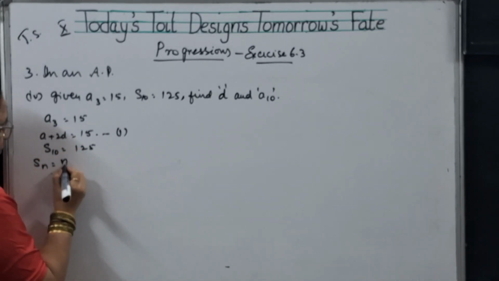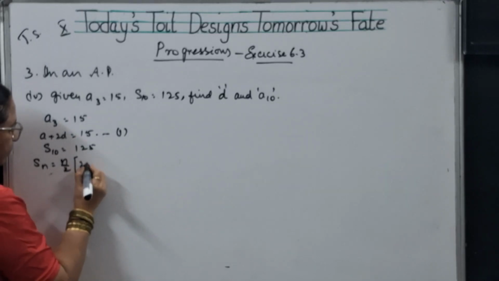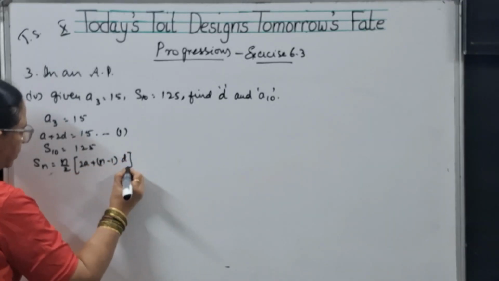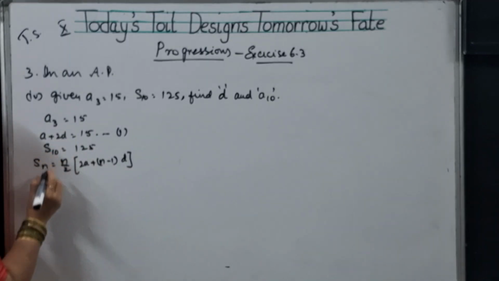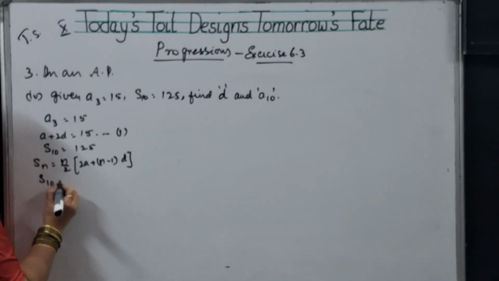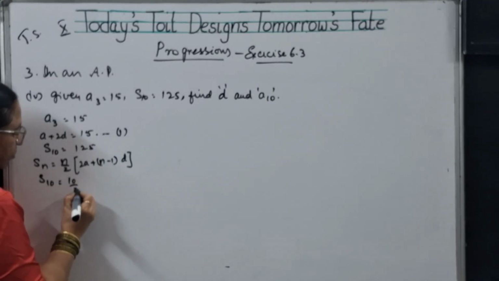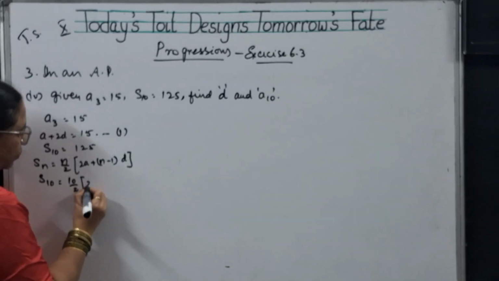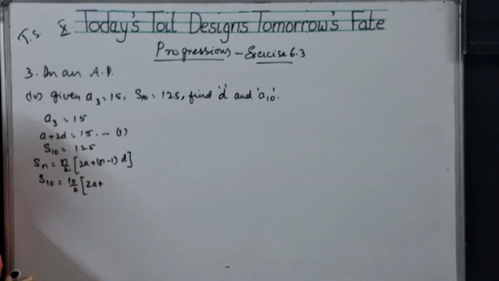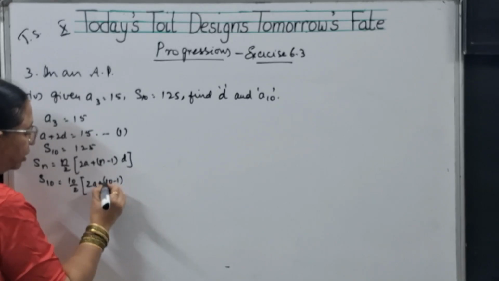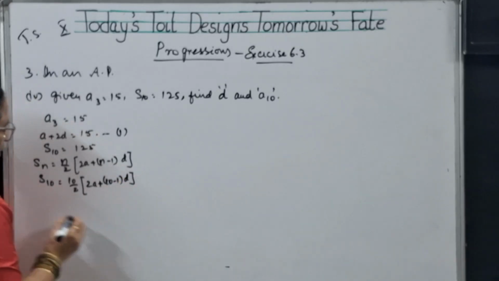So here S10 is equal to, n is 10, 10 by 2 into 2a plus, we don't know what D is, what A is, so we will write it as n is 10 minus 1 into D as it is.